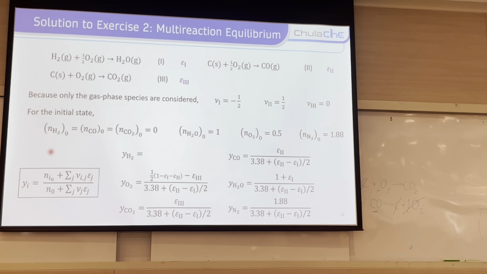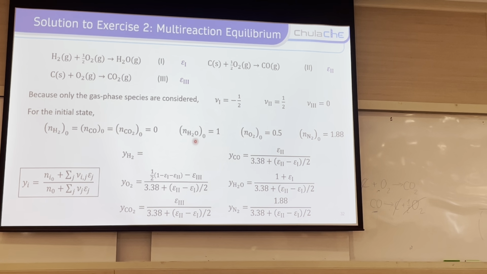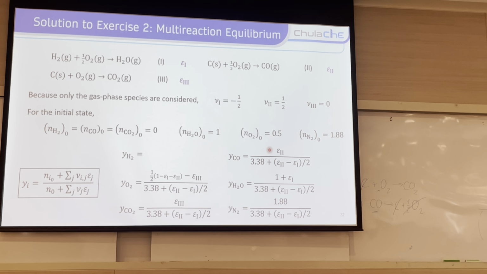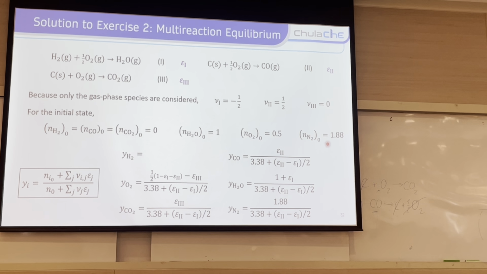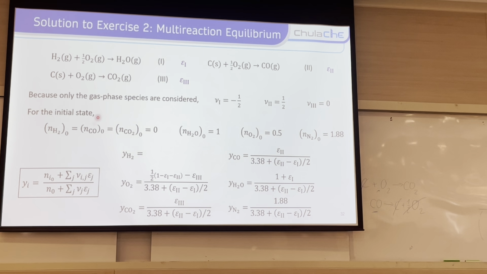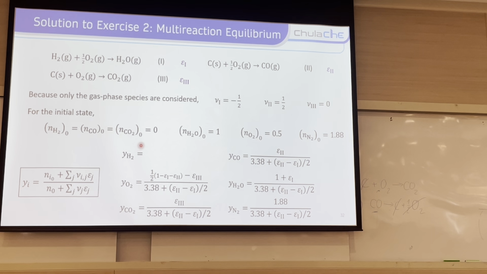So at first they have 1 mole of steam, right? And with the 2.38 mole of air, you have 0.5 mole of oxygen and 1.88 mole of nitrogen. And for the product here, you don't have any initial mole in the system.